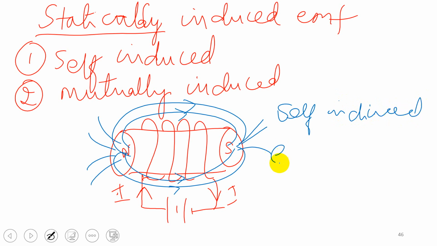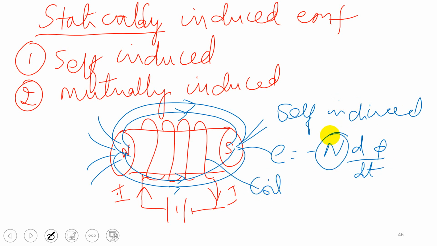So we can write E is equal to minus N d phi by dt, as explained in the previous video about induced EMF. Since I'm talking about a coil, instead of the number of turns, I can write E is equal to minus L into di by dt. Why?